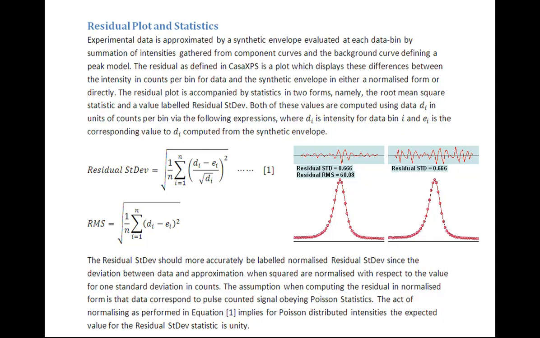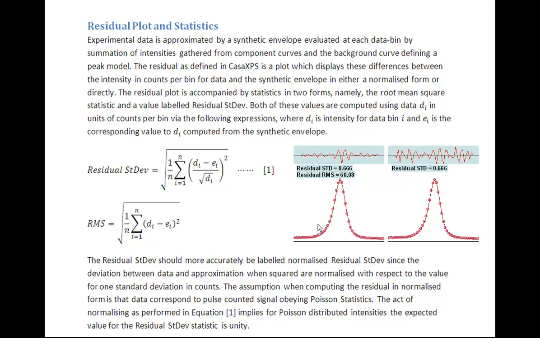And the reason that there is a difference between these two figures of merit is when we have a root mean square figure of merit, then the shapes we see here in the residual plot are reflected in the optimization steps. That is, there is no normalization of the differences between the data and the synthetic envelope that takes account of variation of noise within a spectrum.